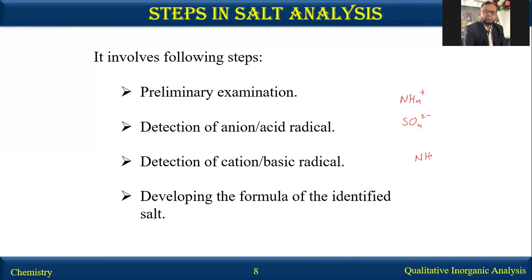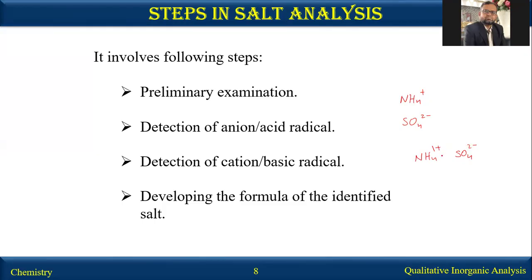Remember that we always write the positive ion first, and ammonium has a plus sign, meaning it is 1 plus, and sulfate has 2 minus. So one ammonium ion has a plus 1 charge, and one sulfate ion has a negative 2 charge.